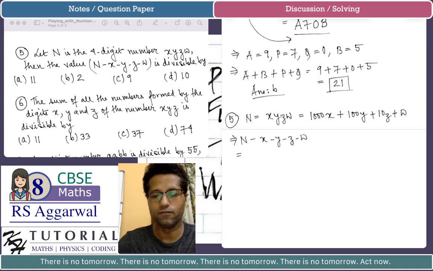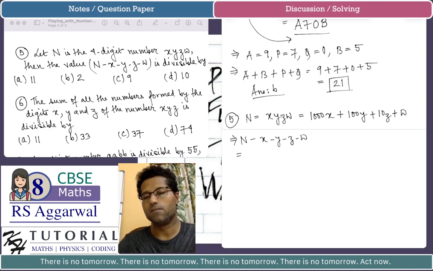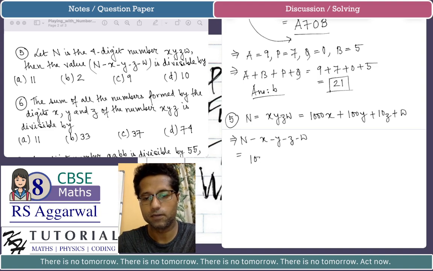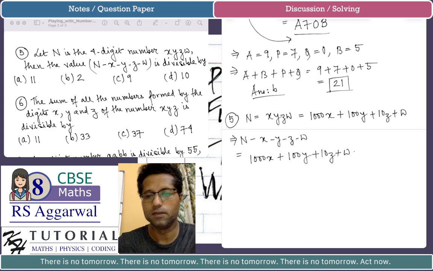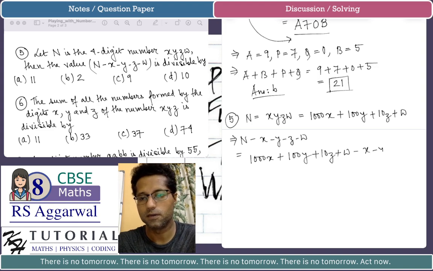If we replace n by its general form, we have 1000x plus 100y plus 10z plus w, and then minus x minus y minus z minus w.